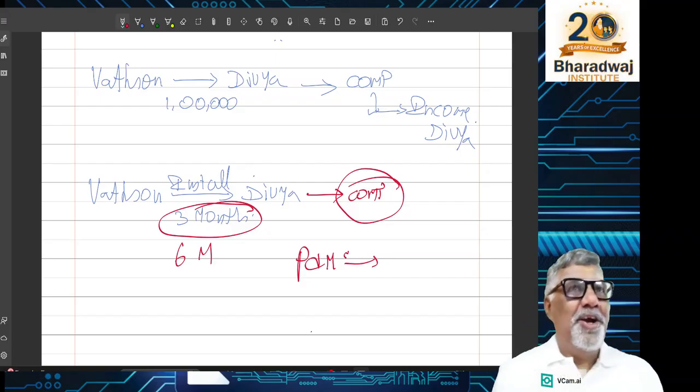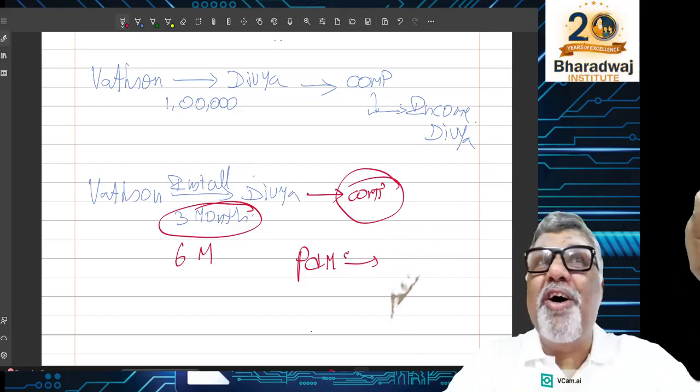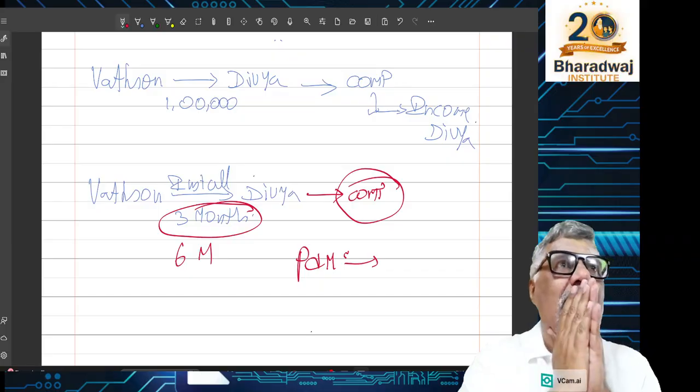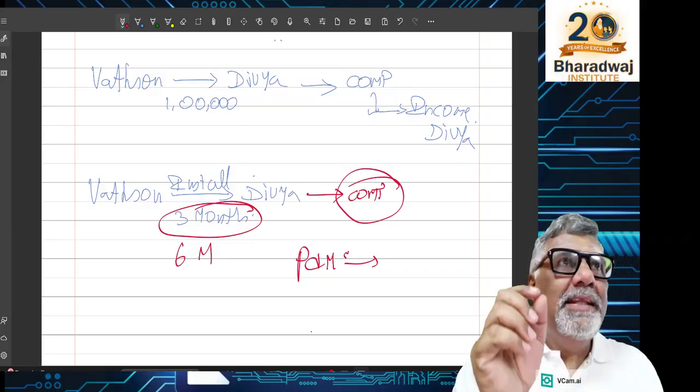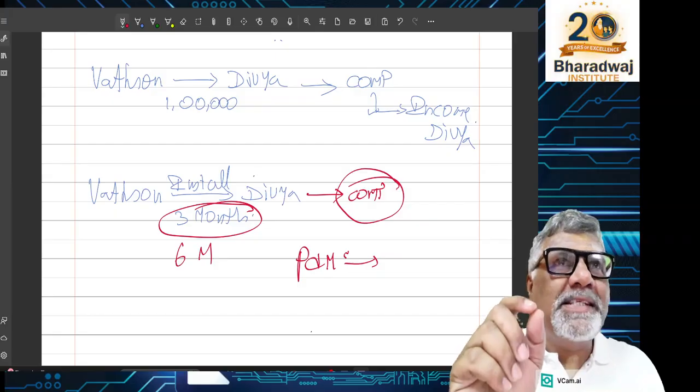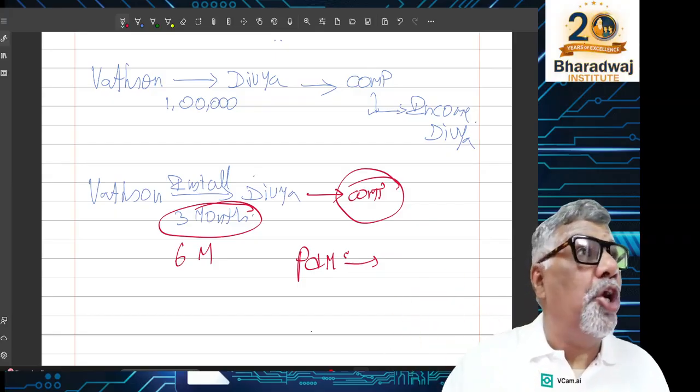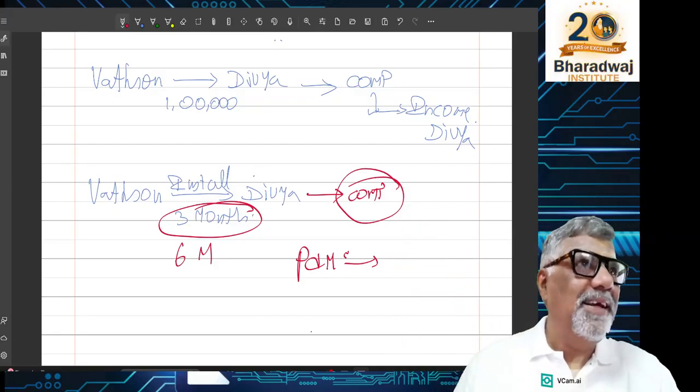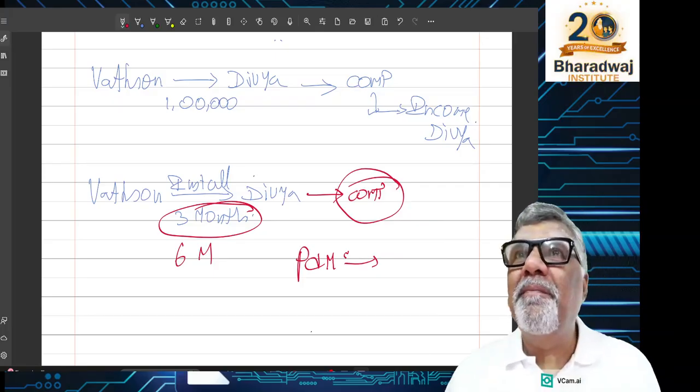Repeating, compensation for asset: where the compensation is interlinked to an asset, it is capital expenditure.